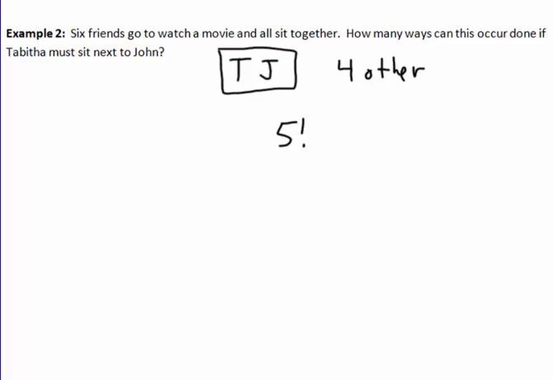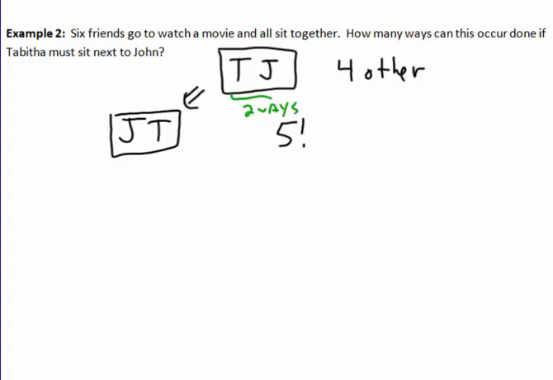But we have to be careful here, because Tabitha and John could sit like that, left and right, but they also could be considered John and Tabitha. So if we consider John and Tabitha, John on the left and Tabitha on the right, we actually have to consider that there are 2 ways that this can be arranged.